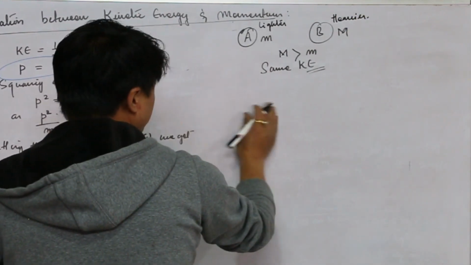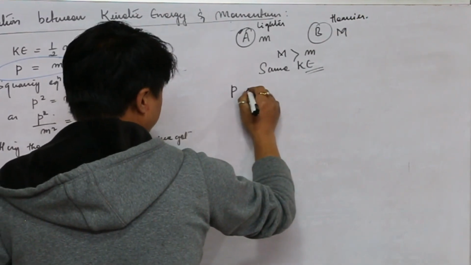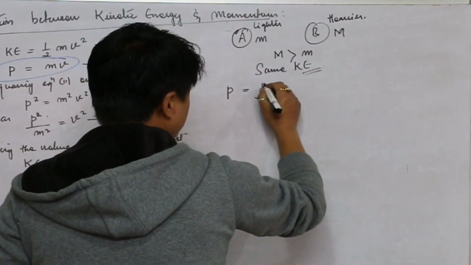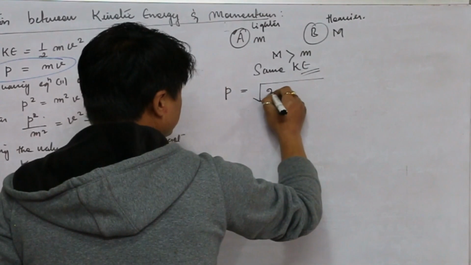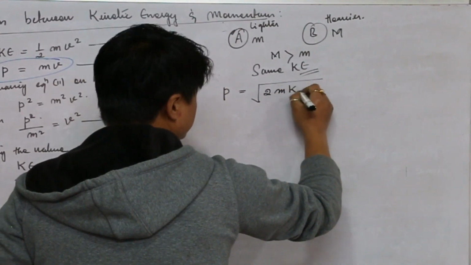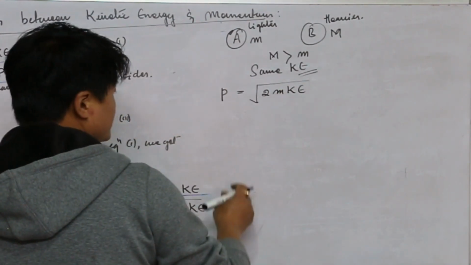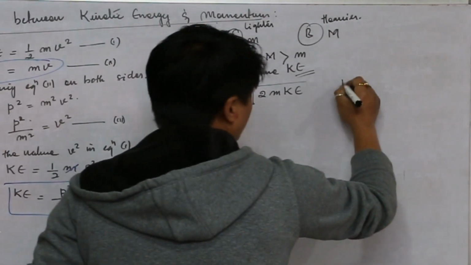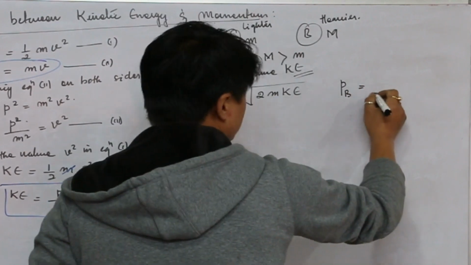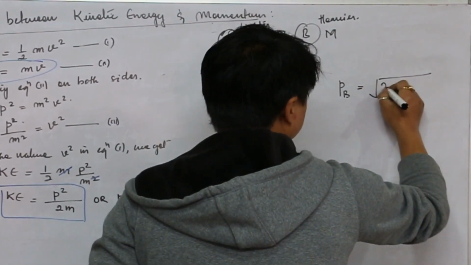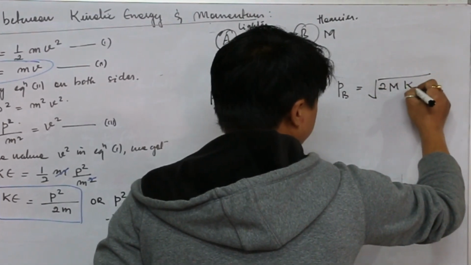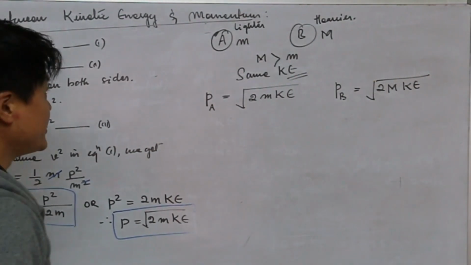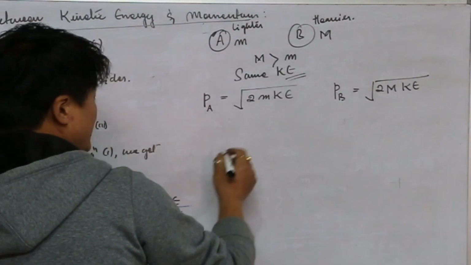Okay, so we know that momentum is equal to root under 2m into kinetic energy. Here momentum of A is equal to this, and momentum of B is equal to root under 2 capital M KE, because both bodies have the same kinetic energy.